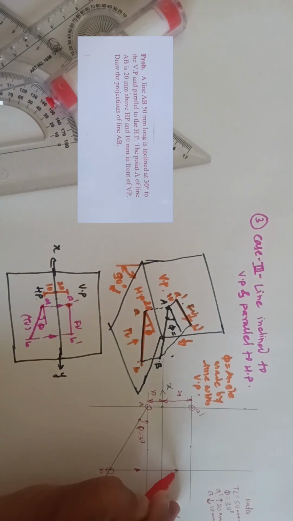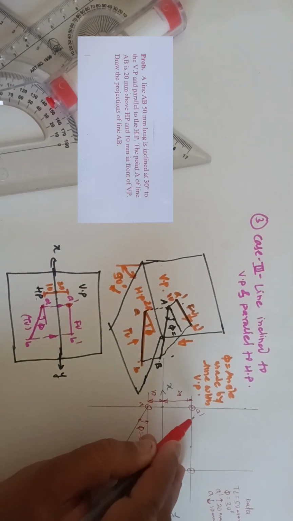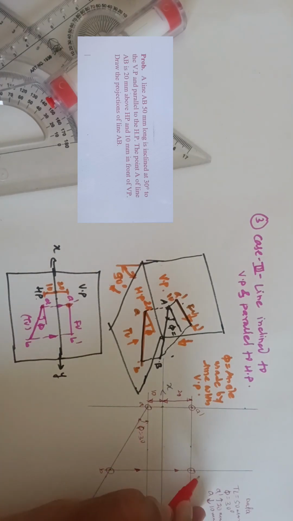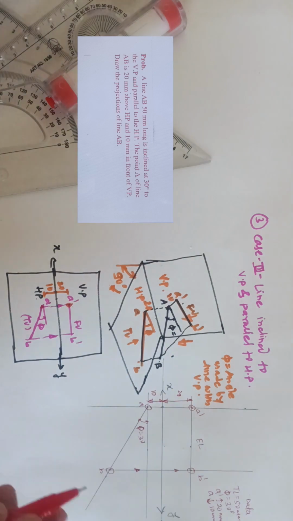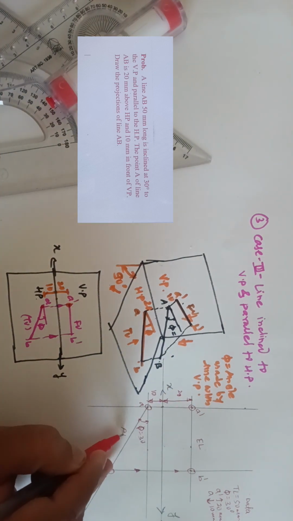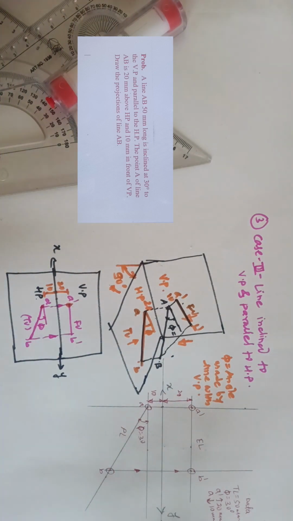So this A dash B dash is nothing but our EL, and this AB is nothing but our plan length.